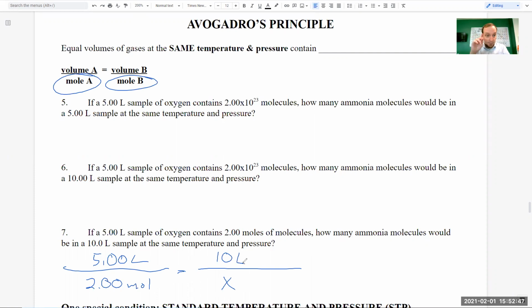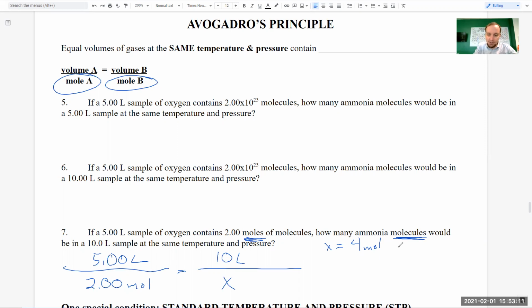So again, knowing how number 6 worked out, you guys should be able to figure out what is going to happen here as I verify with my calculator. And yes, this time I did it right because I know that my answer should double. So it's going to be 4 moles. Now, the only difference is I need to convert that into molecules because again, we were given moles and now we want to know molecules.